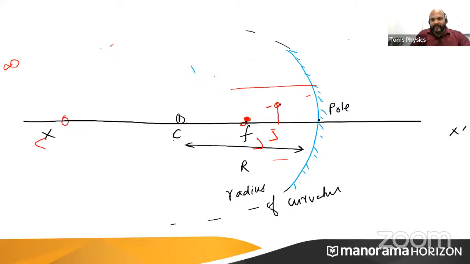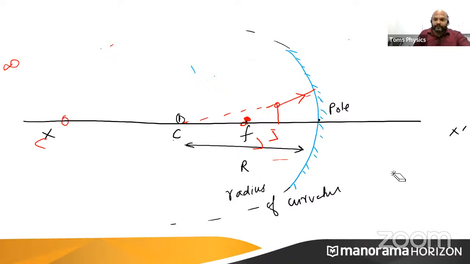So something like this. The ray is hitting like this. What will it do after it reflects? It is coming from the object and is aligned with the center of curvature. In the same line as the center of curvature, what will it do after it reflects off this mirror?